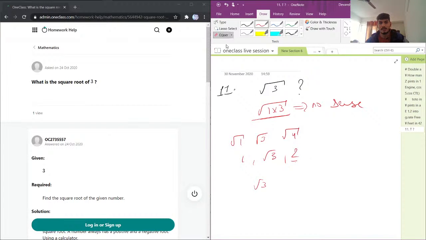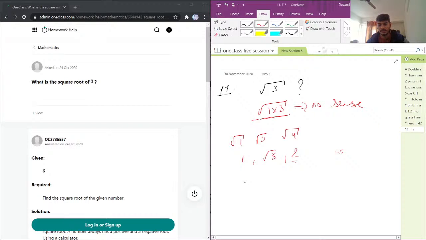So what I will do, I will just take 3 by 1, and this will be 3, then I will add 1 and 2, this will be 4.5, this will be 2. I think no, in this case we have to take the larger number, because root of 3 will be more than 1.5.